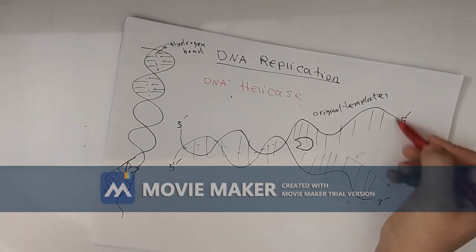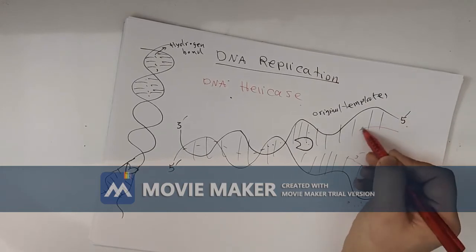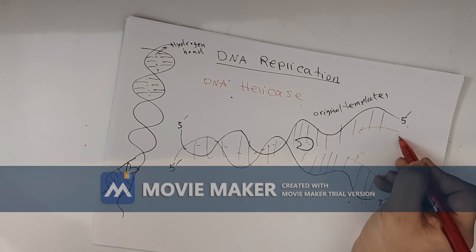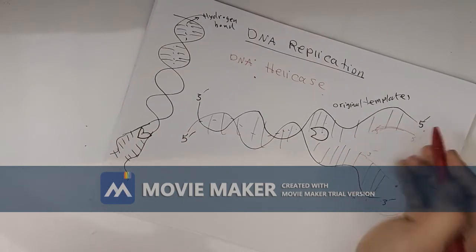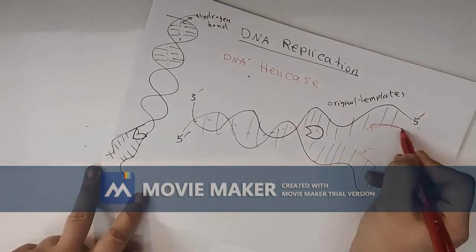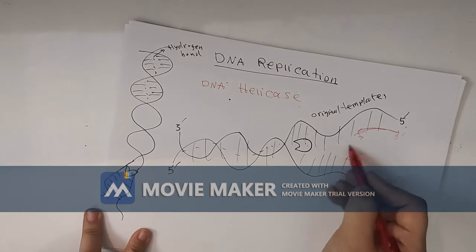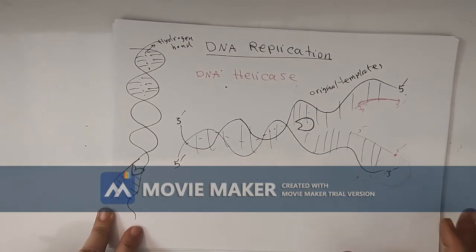But the other end, it cannot happen here. We cannot go in this direction because always the replication is made from 5' to 3'. So this is not possible. Then we have to go to the opposite direction from the left to the right. So how is it possible if I go from the left to the right? So how about the rest of the molecule that has not been replicated?